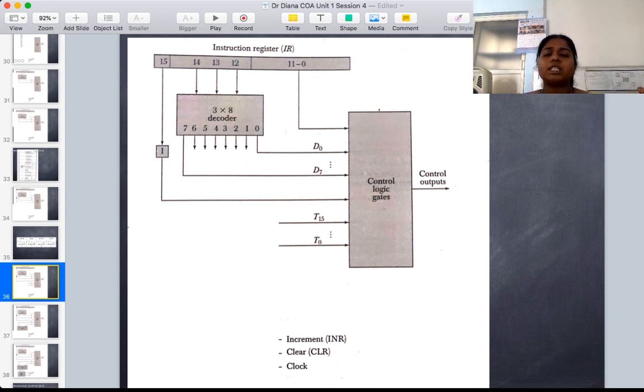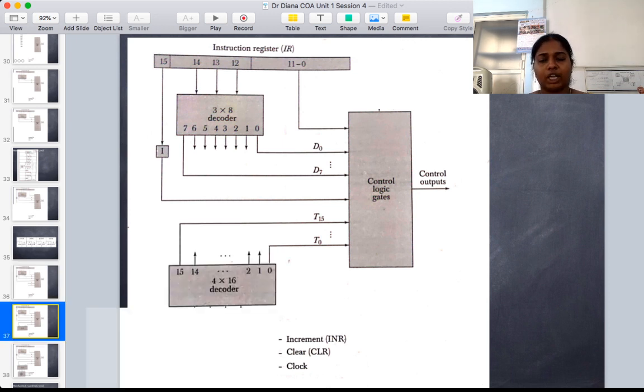This timing cycle can be generated from a decoder. To generate 16 different outputs from a decoder, we need 4 inputs minimum. So my circuit is going to have a 4x16 decoder, which is capable of generating 16 timing cycles, T0 to T15.